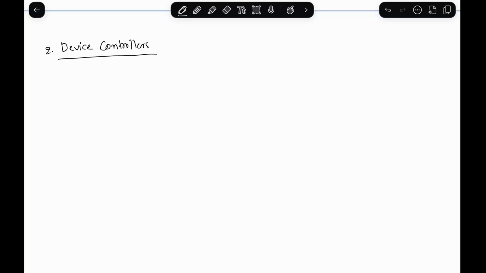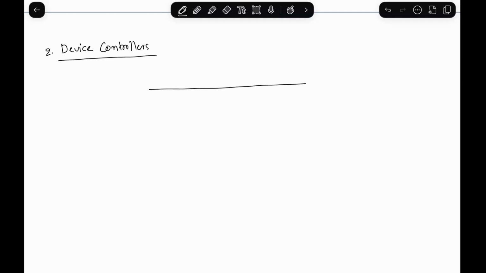It consists of three different parts. Let's first visualize it, and then we'll learn them one by one as we have been doing. So let's try to build it. Let's assume this one as our device controller.